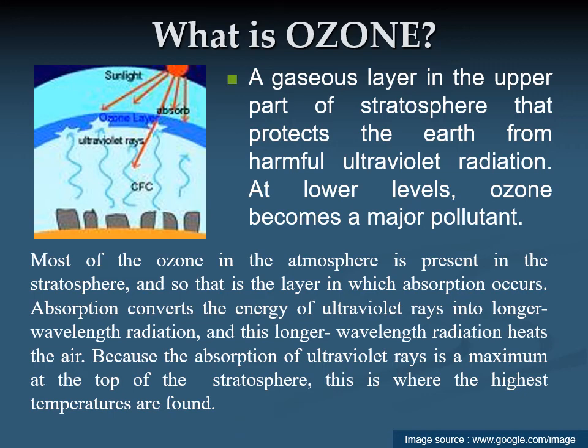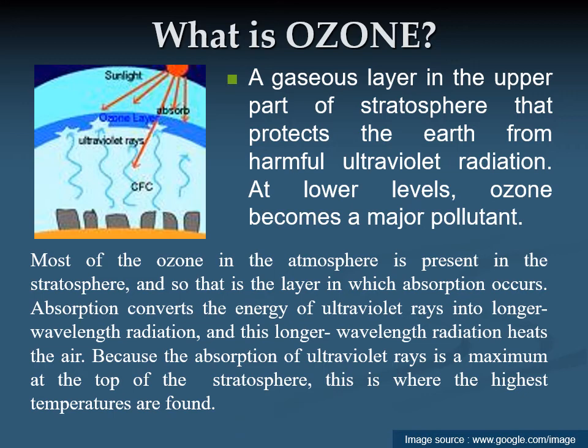So as the concentration of ozone gas increases upward, the absorption of ultraviolet radiation energy also increases, and that will affect the temperature condition of the stratosphere. It will increase the temperature, and it will show an increasing trend, increasing temperature up through the stratosphere.